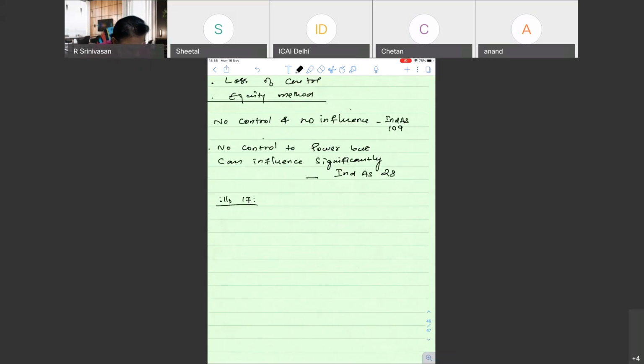Okay. Third, the investment entitles significant influence over Q, which is a joint venture, and P does not have joint control of Q. Doesn't matter. So still Ind AS 28 will be applied. When will Ind AS 28 be applied?